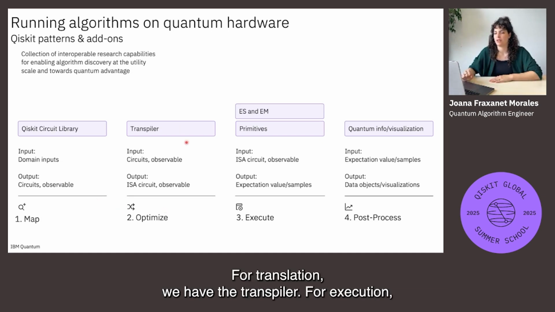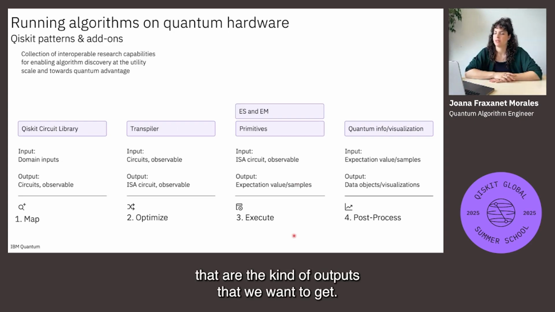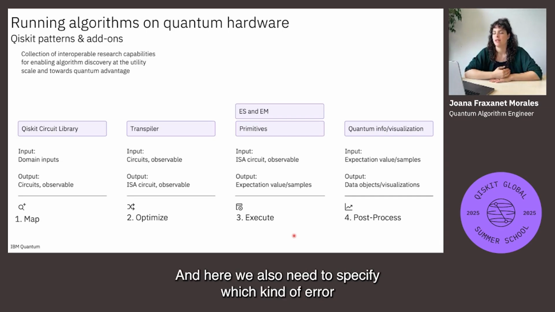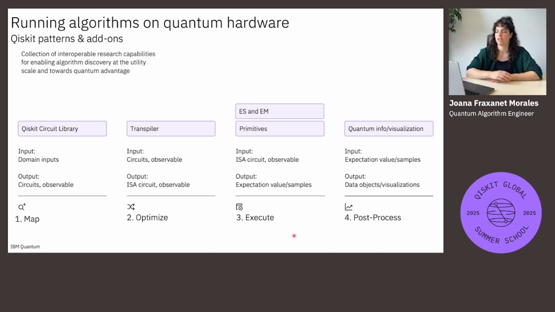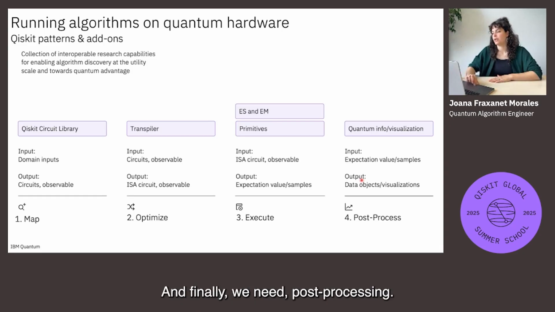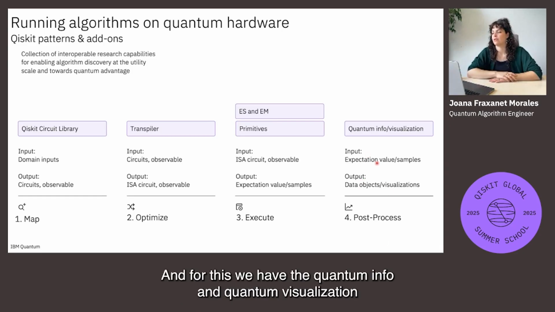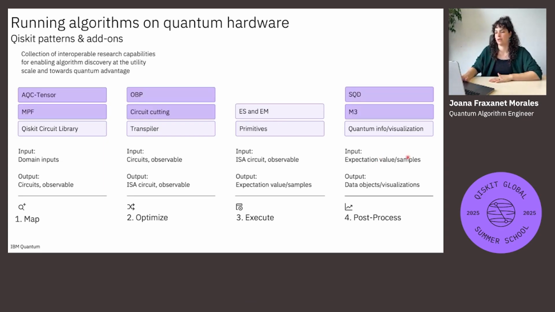For transpilation, we have the transpiler. For execution, we have the primitives, the sampler and the estimator, that are the kind of outputs that we want to get. And here we also need to specify which kind of error suppression and error mitigation we want to take into account. And these are things that I'm going to be focusing on later. And finally, we need post-processing, and for this we have the quantum info and quantum visualization packages of Qiskit that allow us to do that.